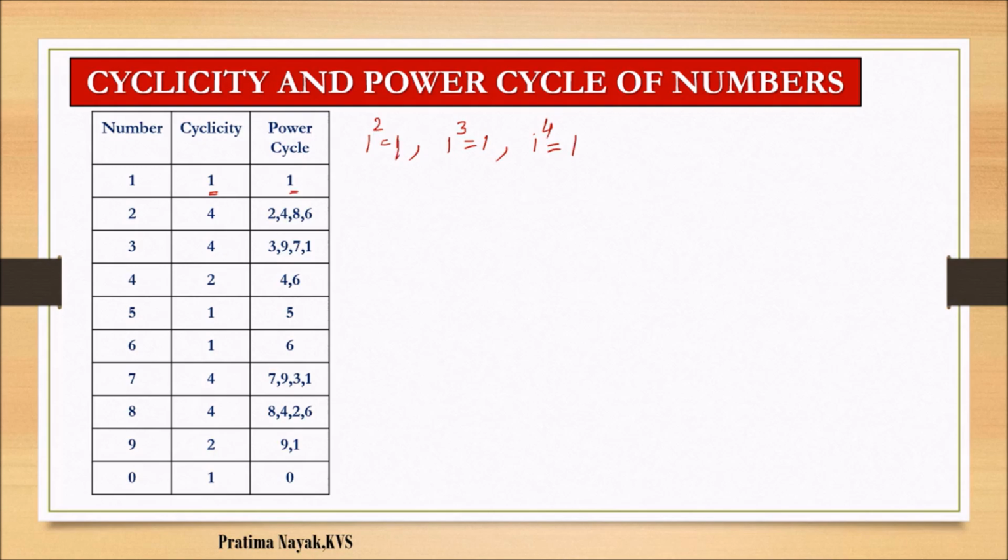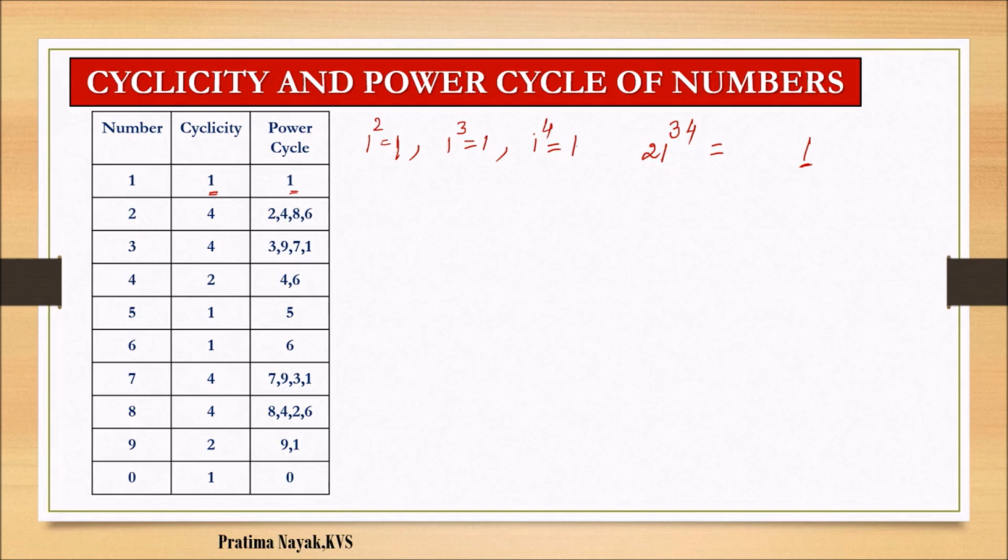So its cyclicity is 1, and the power cycle is the value 1. If I take 21 raised to the power 34, the unit digit will always be 1. This is the meaning of this.